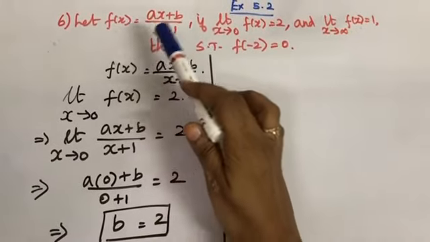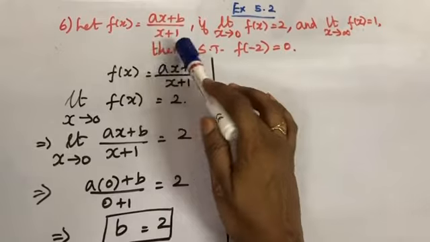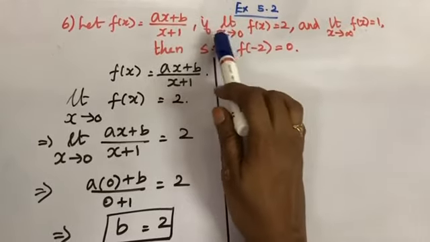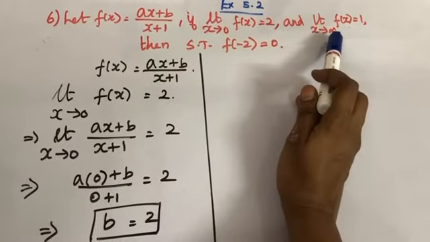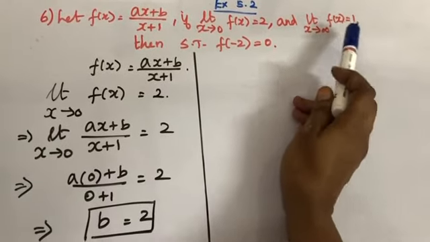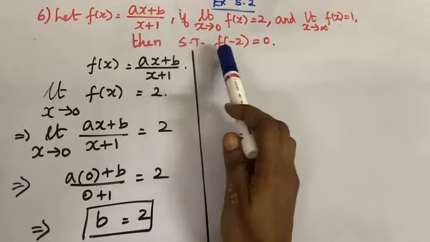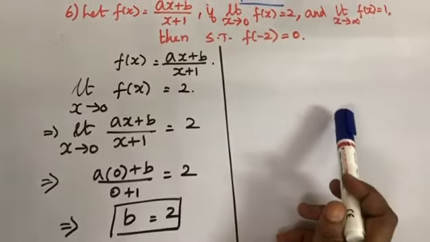Sixth one: let f of x is equal to ax plus b divided by x plus 1. If limit x tends to 0, f of x equal to 2, and limit x tends to infinity, f of x is equal to 1, then show that f of minus 2 is equal to 0.